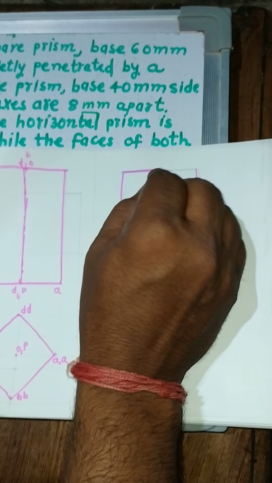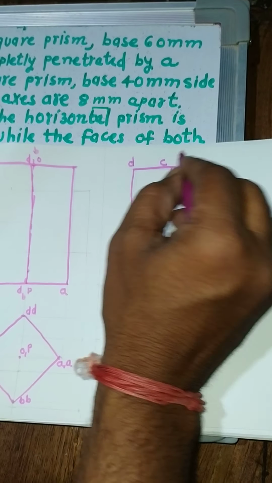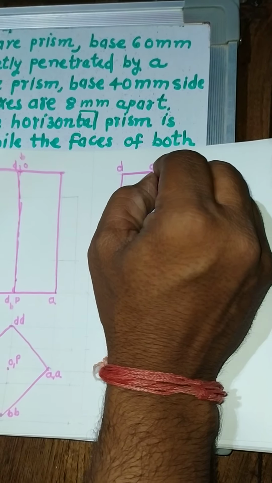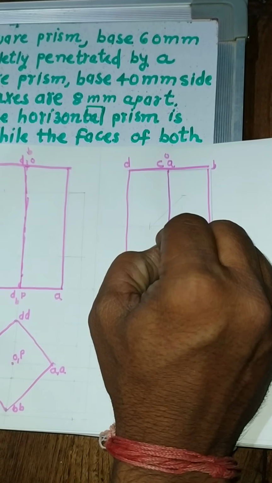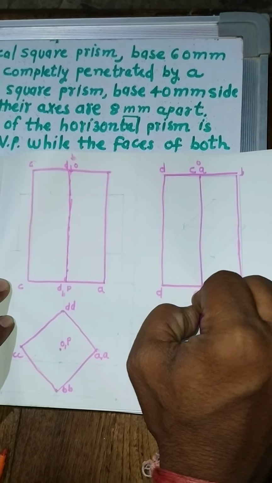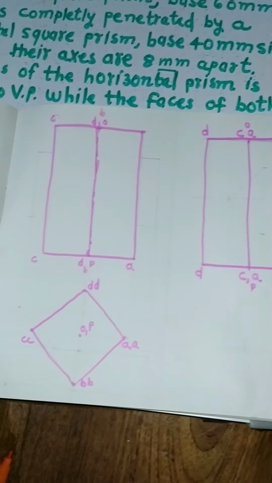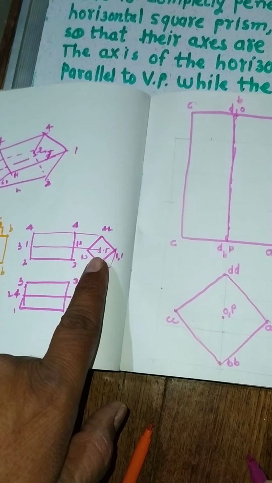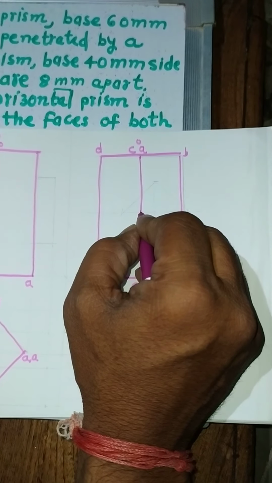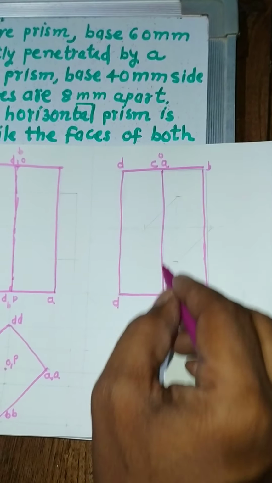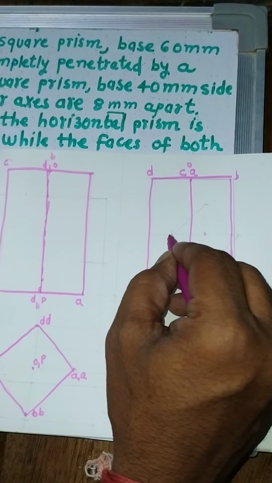This is the top face, which I name points D, C, A, O, and B. Now this is also the axis. Now this is the side view of the horizontal member. This is IJ, which is 8 mm apart from the OP axis. I will take a distance from OP. I will draw the square.